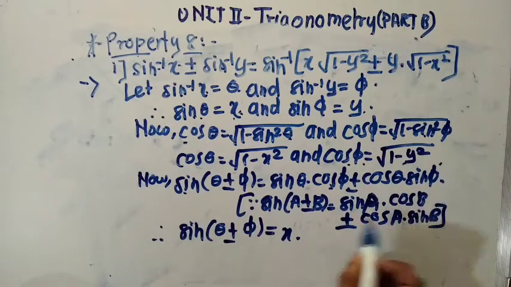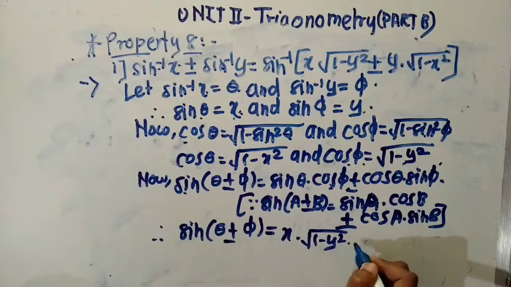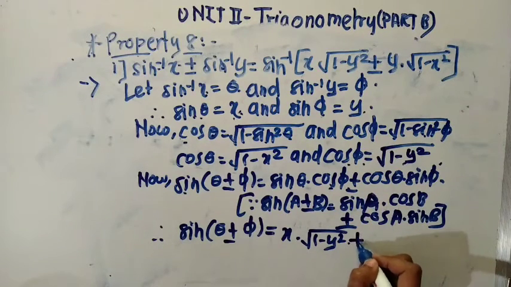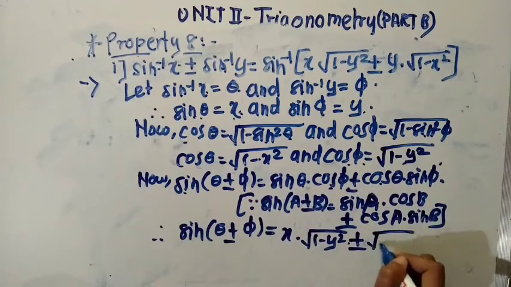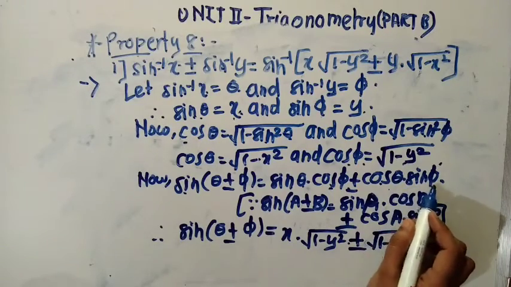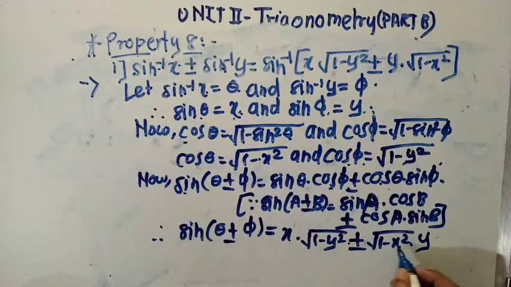Cos phi is root 1 minus y square, plus or minus cos theta, which means root 1 minus x square, and sin phi is equal to y. So root 1 minus x square into y.